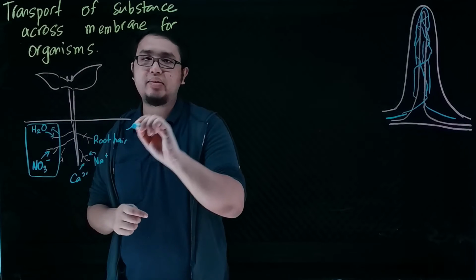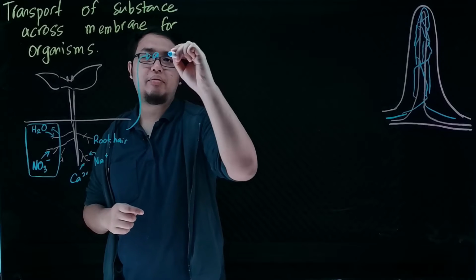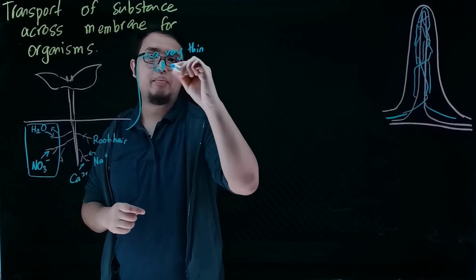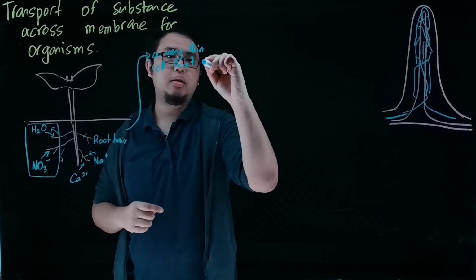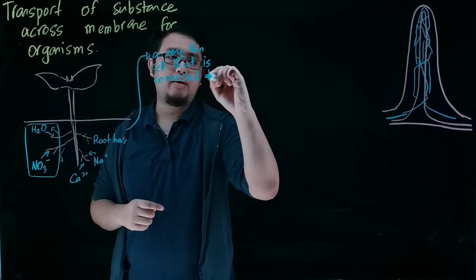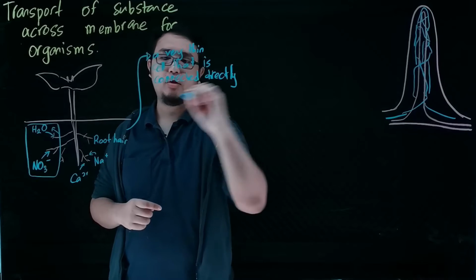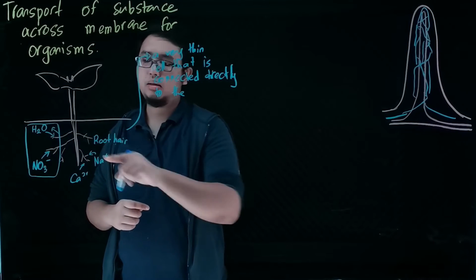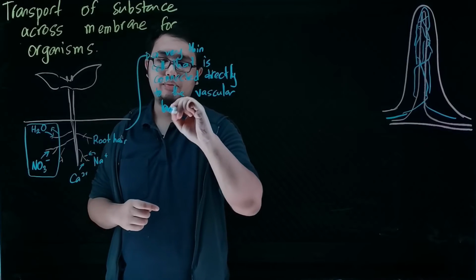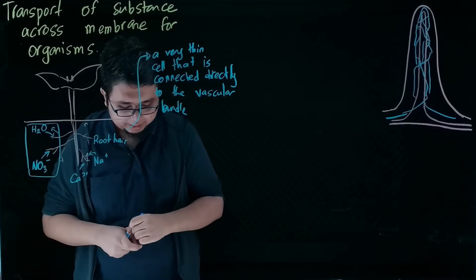So the root hair is actually a very thin cell that is connected directly to the vascular bundle. Now, what is the vascular bundle?